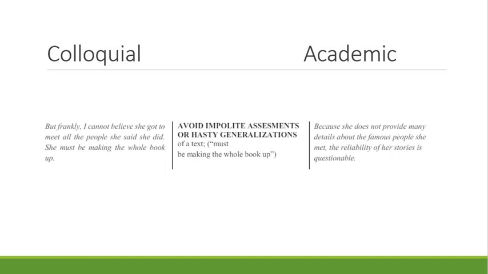Colloquial: "But frankly, I cannot believe she got to meet all the people she said she did. She must be making the whole book up." Avoid impolite assessments or hasty generalizations. Again, that may not be common within the type of paper you're doing, a systematic review or a scoping review.